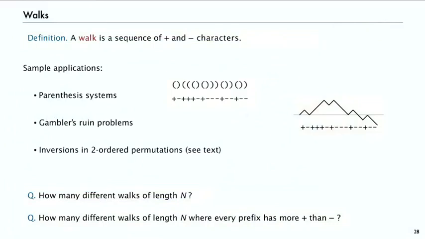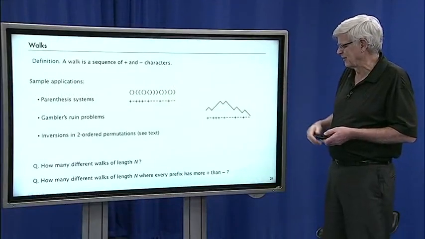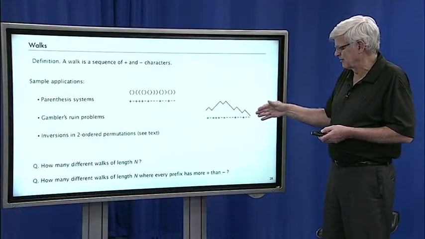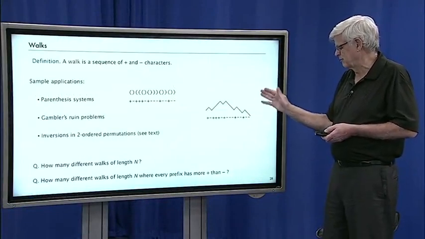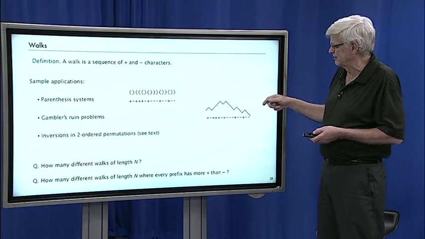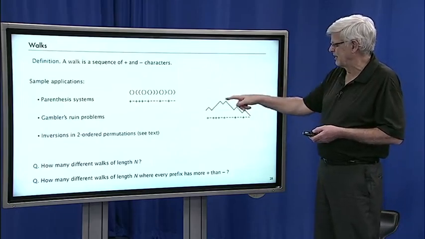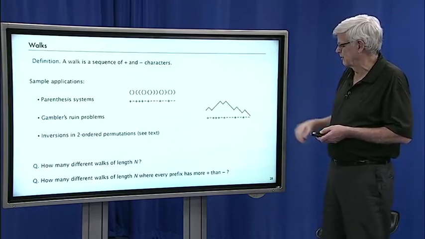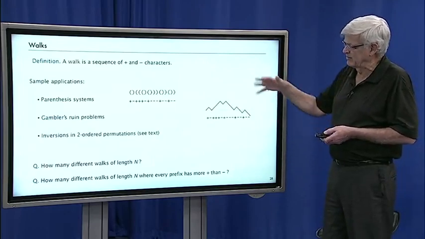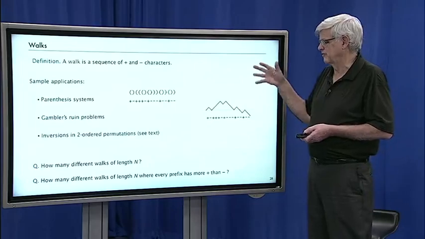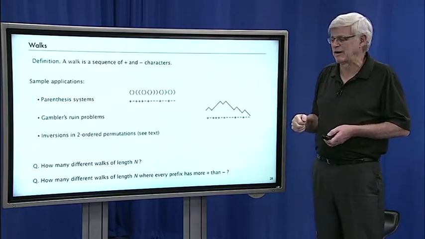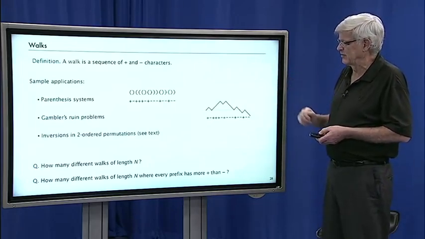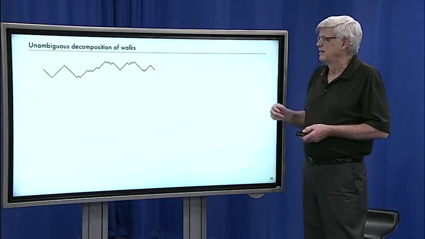Just from the idea of a sequence of plus and minus characters, there's all kinds of natural questions that arise, like how many different walks of length n are there? Or how many different walks of length n are there where every prefix has more pluses than minuses? That is, it stays above the line because you're going plus more than you go minus always. And similar questions like that are studied in all different types of applications. It's a relatively general framework.